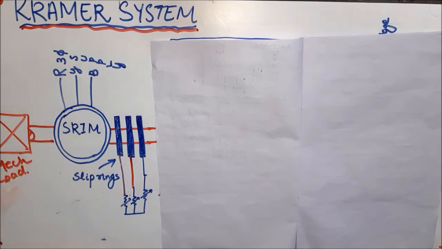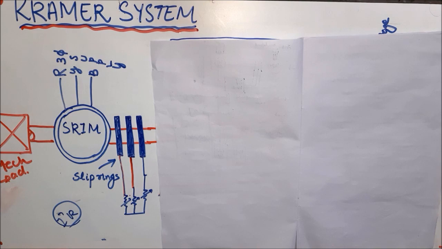So what happened? When I change the value of resistance, some amount of current is flowing through this resistance, and due to I square R loss, this resistance is getting heated up, and that amount of heat loss from the slip ring side is called slip loss.